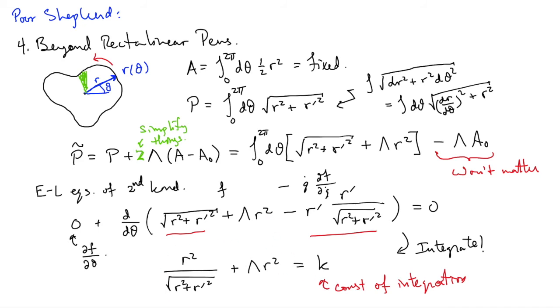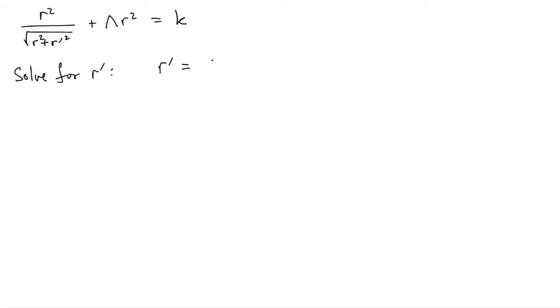So at this point, I'd like to solve this equation for r prime, to get a differential equation for the radius. I'm going to bring it back over here so that we have it on our next page. So now we're just going to solve for r prime. When we solve for r prime, I'm just going to write the answer. It's a small amount of algebra, and I'm going to write the answer in a particular way.